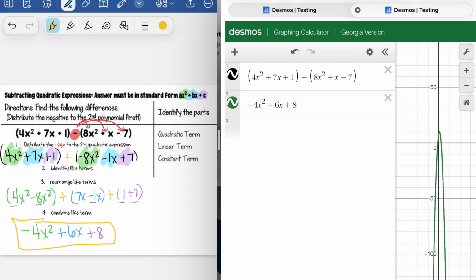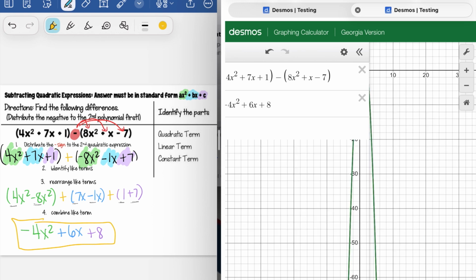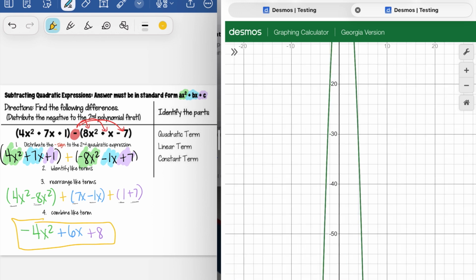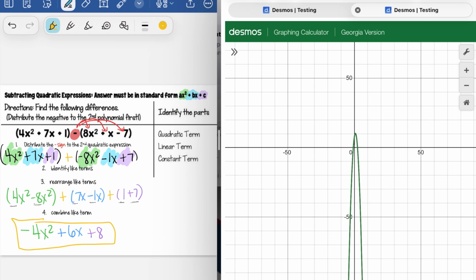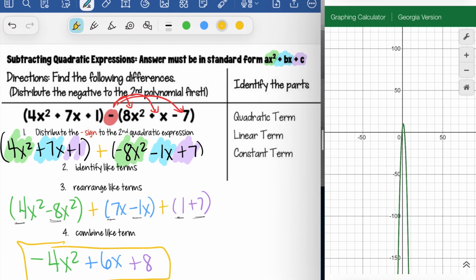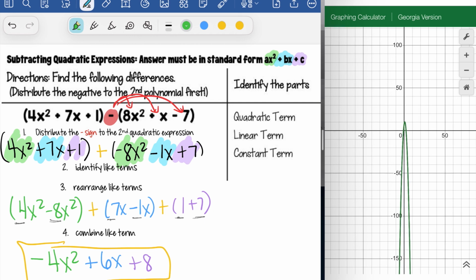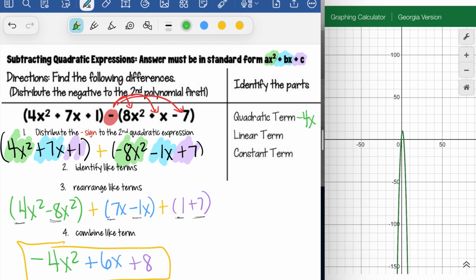And since they are on top of each other, which means they are literally the same, my answer is right. So that would make my quadratic term be negative 4x squared, my linear term be 6x, and my constant term be a positive 8.